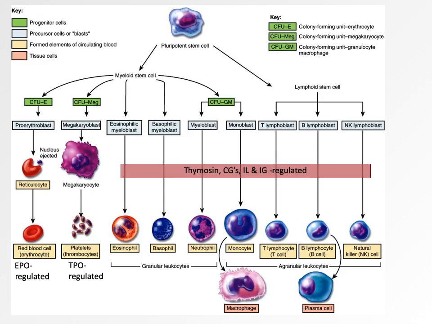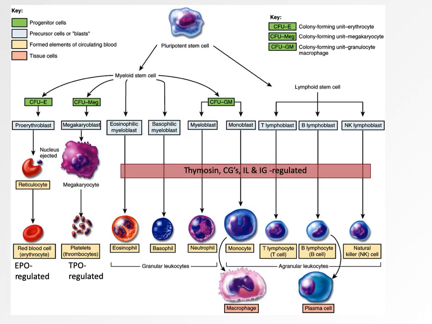The myeloid stem cells, if we get stimulus from EPO, will end up forming the erythrocytes. If we get stimulus of TPO, they're going to end up forming the thrombocytes. And if we get stimulus of what's referred to as thymosin, a growth factor, an interleukin factor, or an immunoglobulin factor, will form either the granuloleukocytes, the eosinophils, the basophils, and the neutrophils, the macrophages, the monocytes, or the lymphocytes.